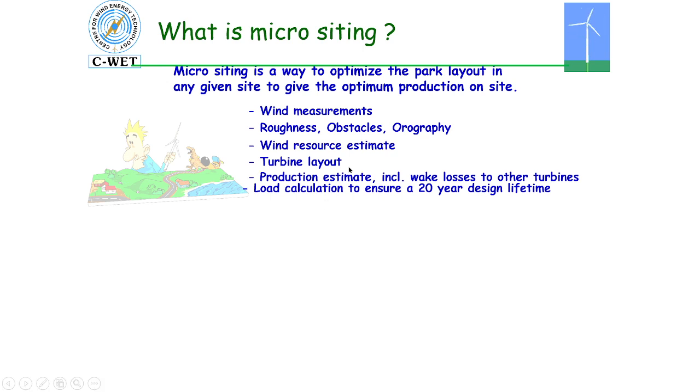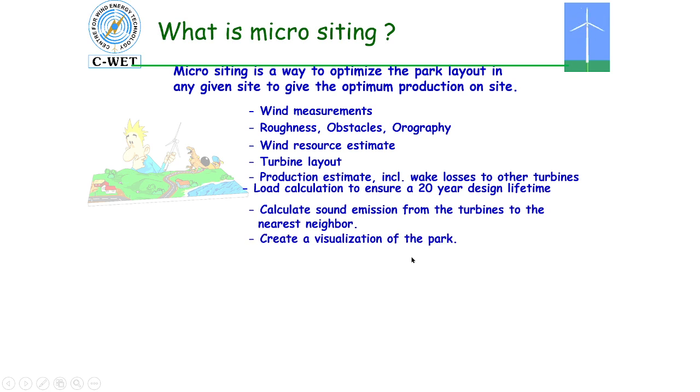So the production estimate has to be done including wake losses, and load calculation to ensure 20-year design lifetime. Then calculate sound emission from turbines to the nearest neighbor, so that nobody gets disturbed overnight, because the wind turbines work in the night also. Then create a visualization of the park. It should not be horrible to sight.